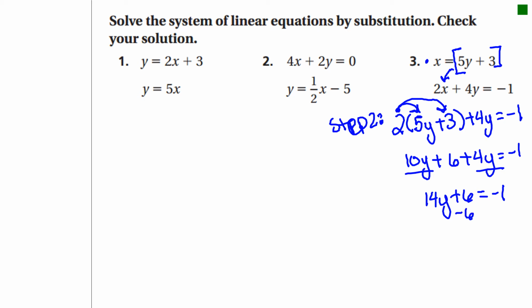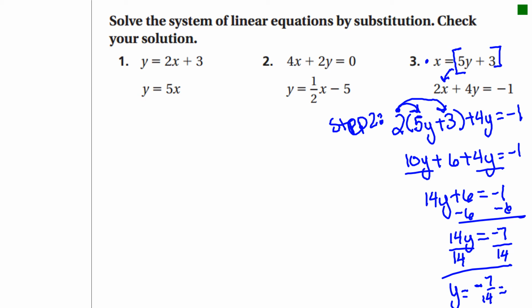All right, take away 6, 14y equals -1 minus 6 is -7. Divide by 14, divide by 14. Y equals -7/14, or -1/2.